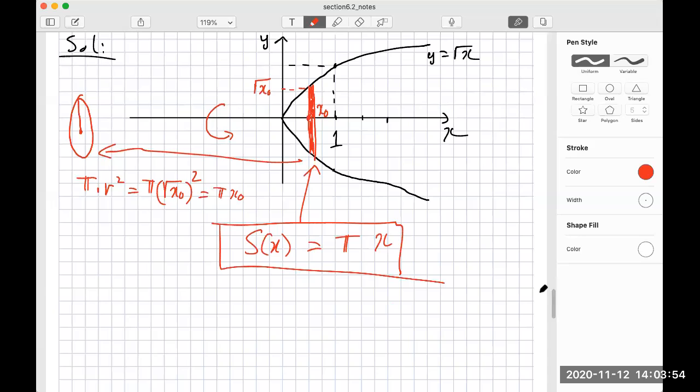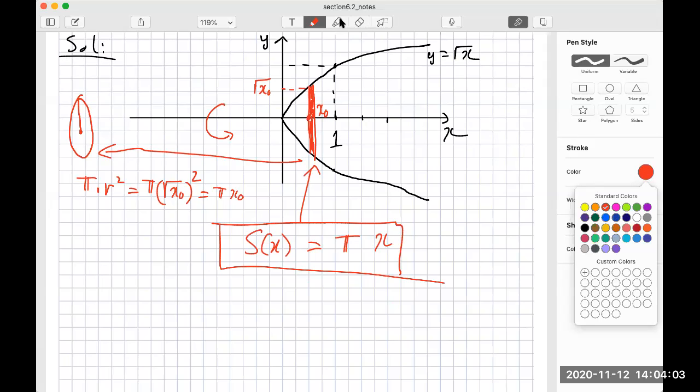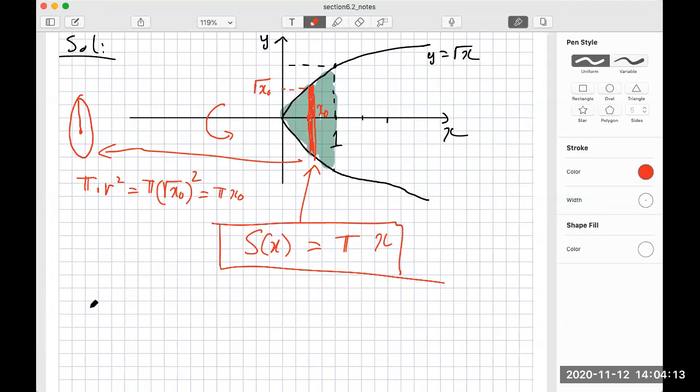Okay. So the volume of this guy, of the whole area, it will become this area. It will cover all these. So the volume will be integral from 0 to 1 of S(x) dx.